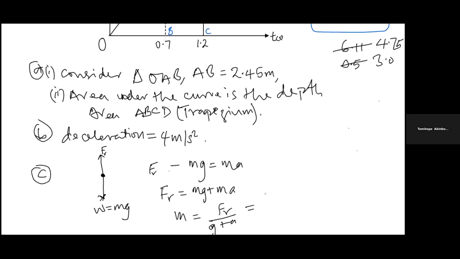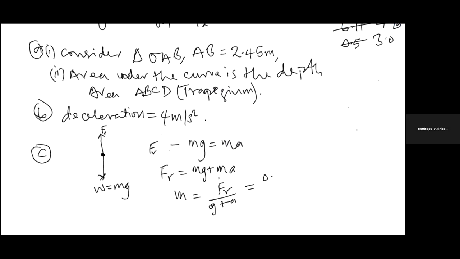So that will be 0.7 over 10 plus 4, that is 0.7 over 14, which is 0.05 kilogram. So you can see it's very small.